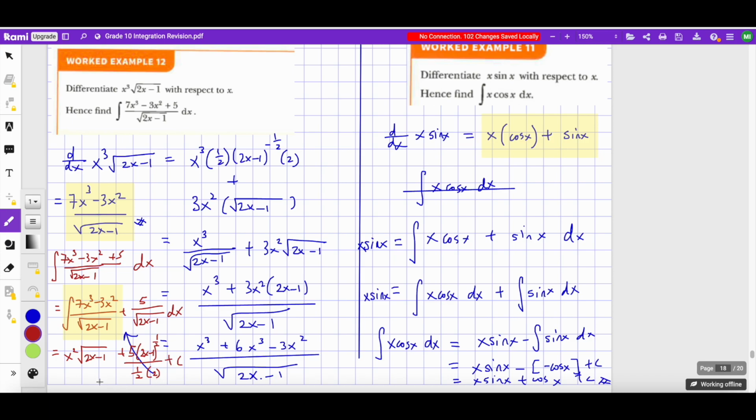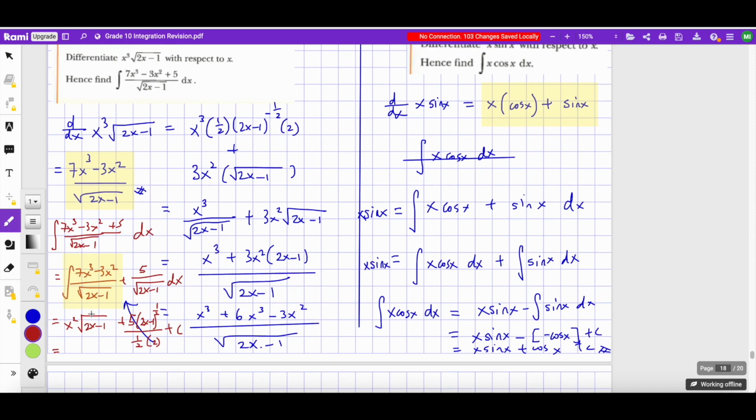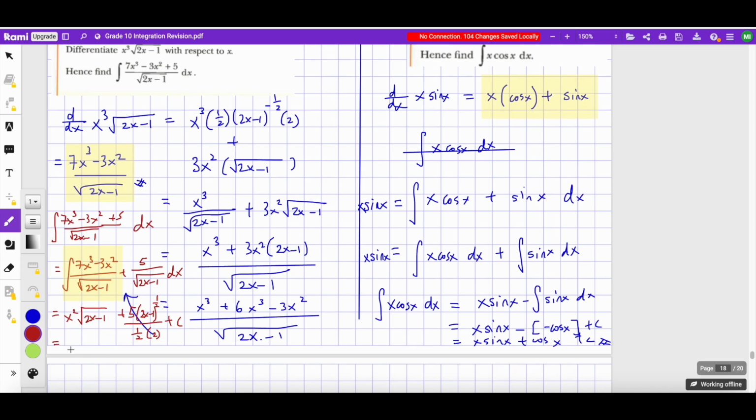All right, and then we're going to plus c. So all in all, we are going to have x cubed root of 2x minus 1, and this would be basically plus 5 root of 2x minus 1. Yeah, the half and the 2 get cancelled out, plus c.